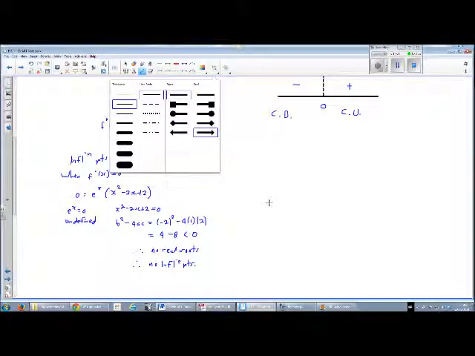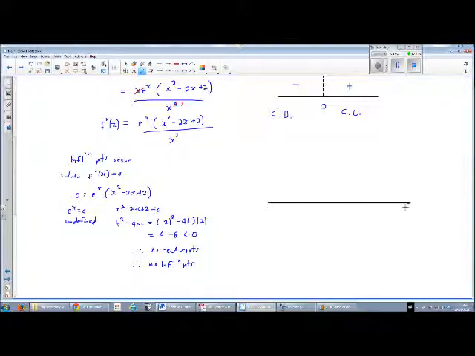So we know that we've got a local minimum at 1 and e. And we know there's a vertical asymptote at x equals 0. And we also know that there's a horizontal asymptote at y equals 0.